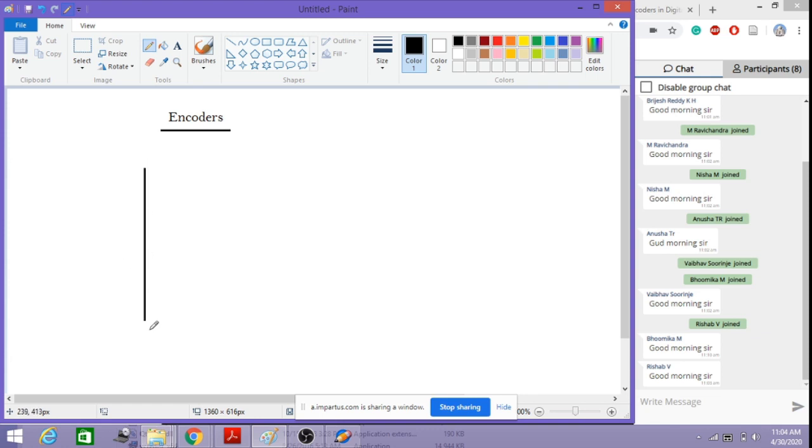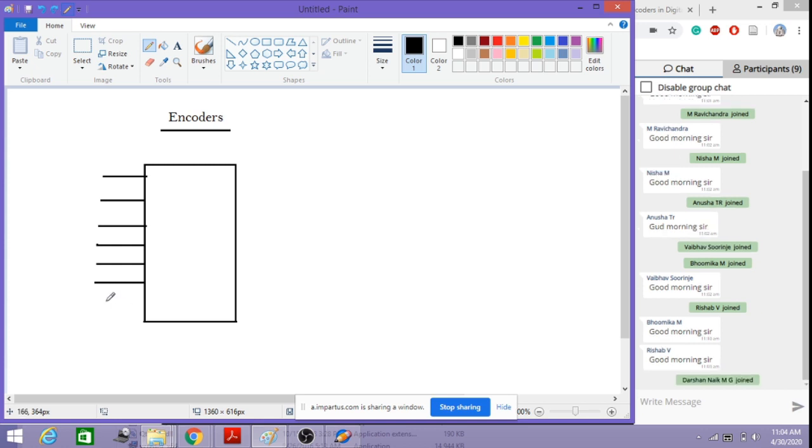I'll take an example of an 8:3 encoder. In an 8:3 encoder, I can write here 8 inputs: one, two, three, four, 5, 6, 7, 8.